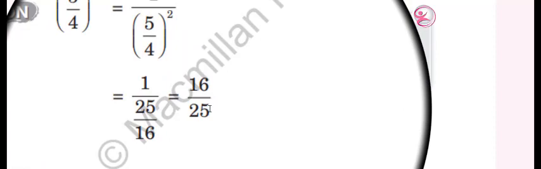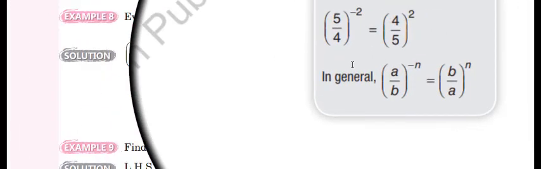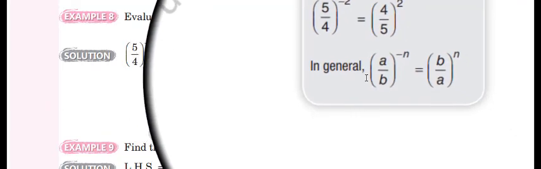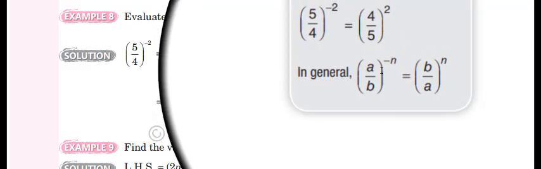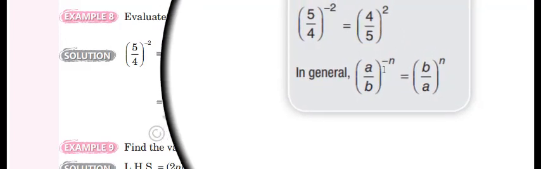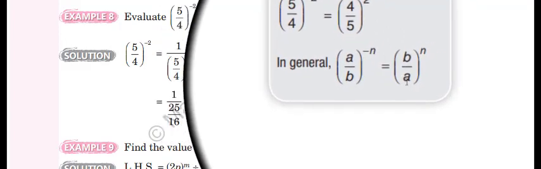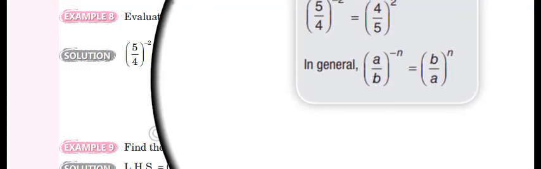This is one method. What they used to say in the tips, you can see another method. It's quite a good method. We can generalize this result if it's written as a by b raised to the power of minus n. So what will be my result? Earlier we stated the law for a whole number base.